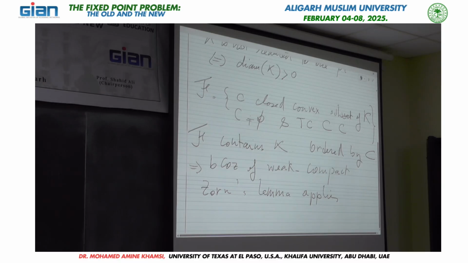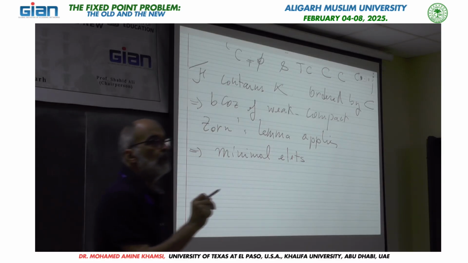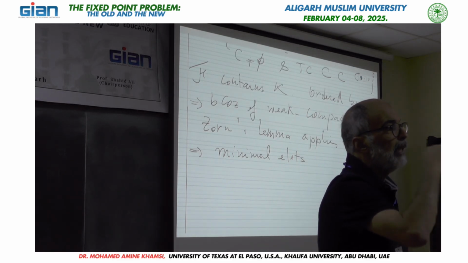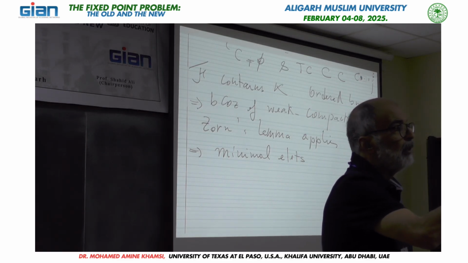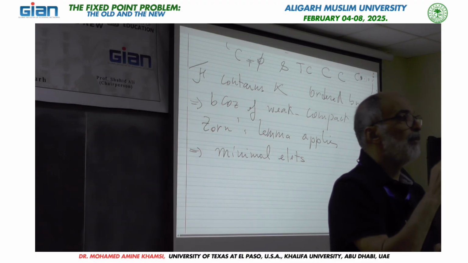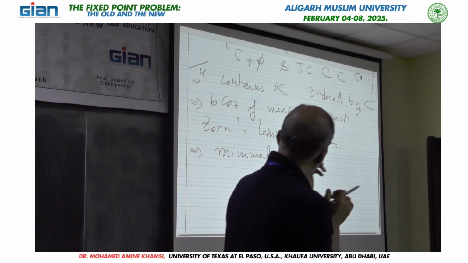Which gives us what? Minimal elements. Now, these minimal elements were used by, what's his name? If you remember the lectures, by Browder in the second paper, not in the first paper. When he was in Hilbert, it's a different approach.